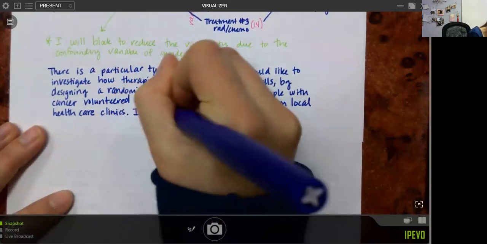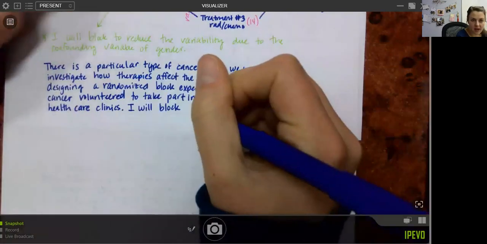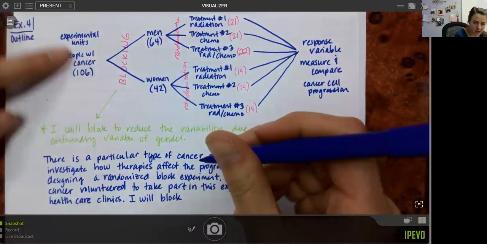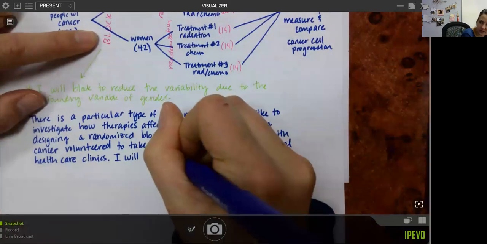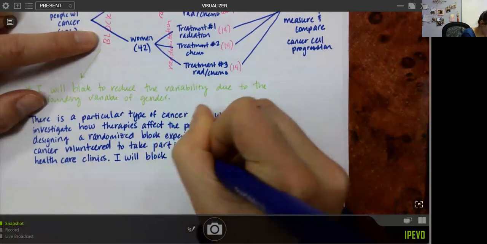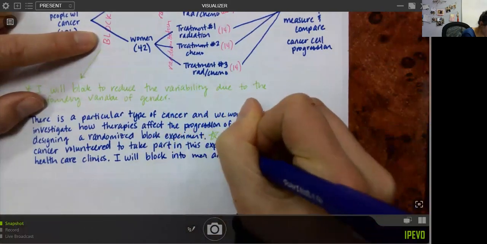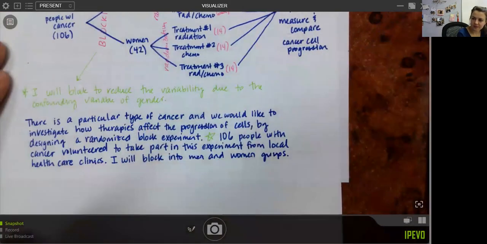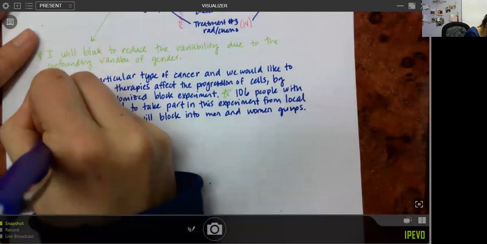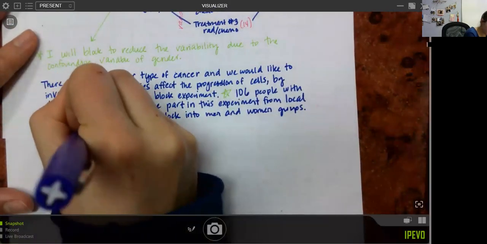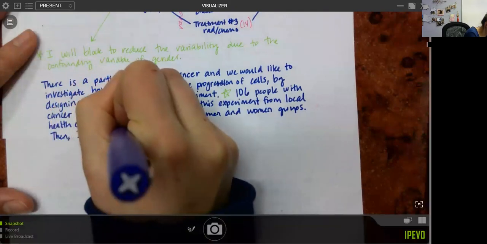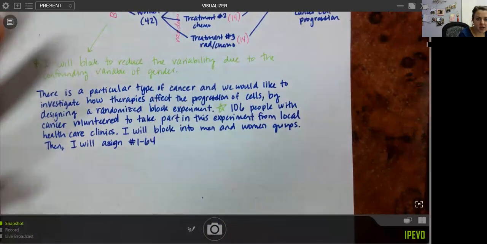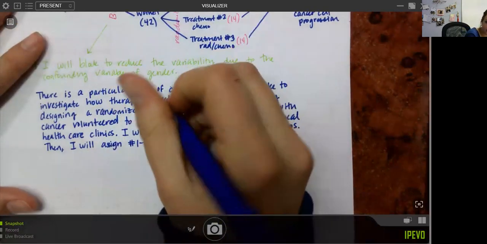I will block. Okay, I'm really just writing from left to right. So I'm going to talk about blocking now. I already talked about this. So I will block into men and women groups. Then I will assign numbers 1 through 64. So I'm going to talk about my men group first. To each man.